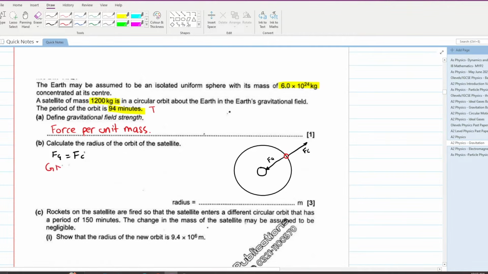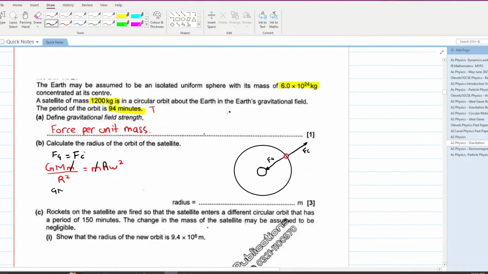Yes. What is the force of gravitation formula? Capital G, capital M, small m divided by r square. What is the centripetal force formula? m r w square. Right off the bat you can see one thing, that small m and small m will get cancelled out, and also this is capital R as well, this is also capital R. Okay. Now what you can do, you can isolate R's value.